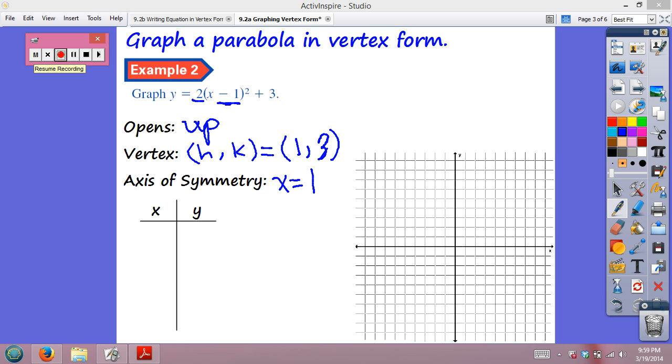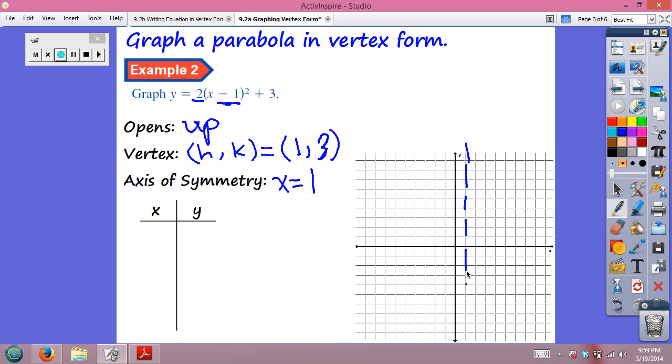So the first thing we're going to do is just simply graph it how we've been graphing all along. We're going to plot the axis of symmetry at x equals 1. The next thing we're going to do is plot the vertex, which we know is at (1, 3).